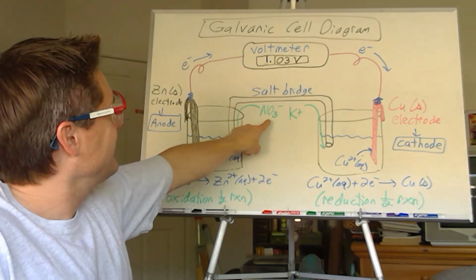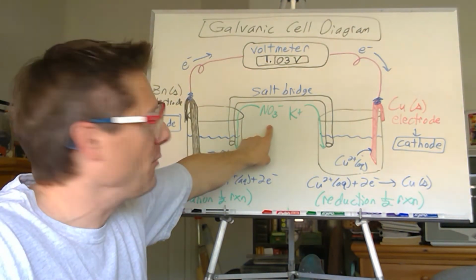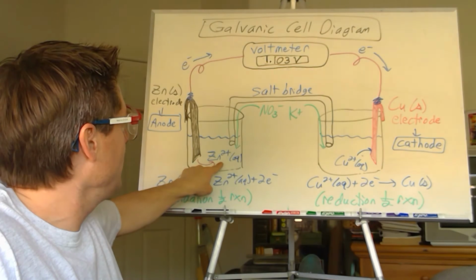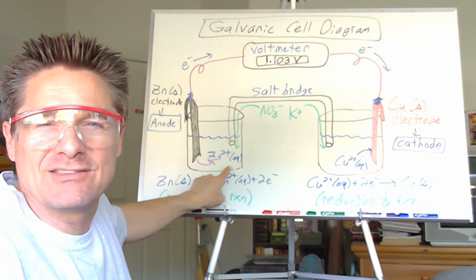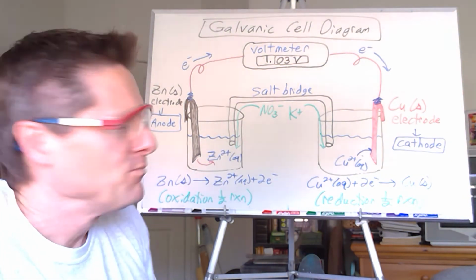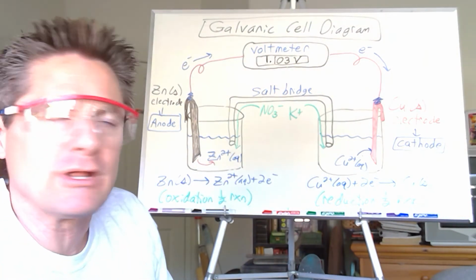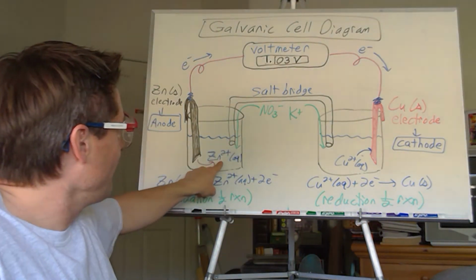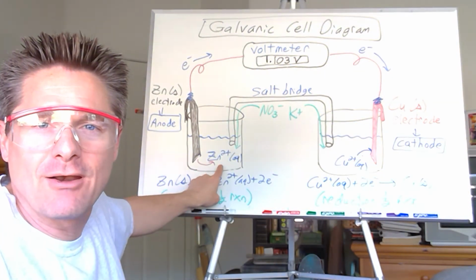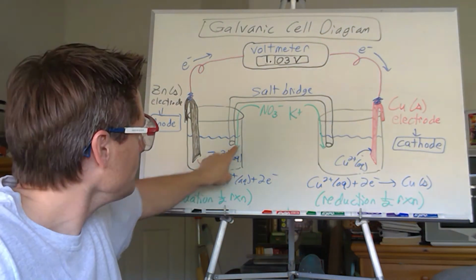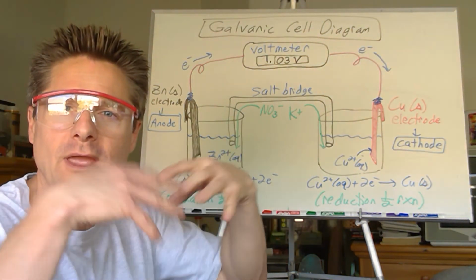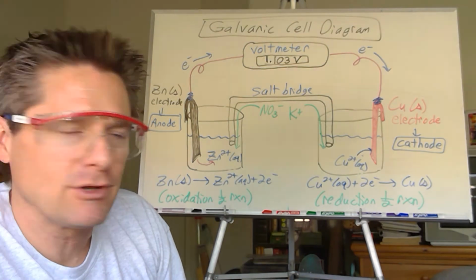What happens is the nitrate anions in the salt bridge flow towards the anode because we're building up zinc ions. It's becoming too positive, and it has to remain electrically neutral. So for every zinc ion that forms here at the anode half cell, 2 nitrate ions will flow in and keep it electrically neutral.